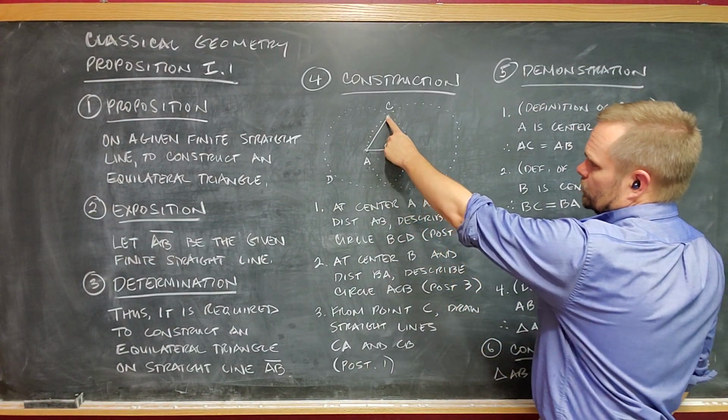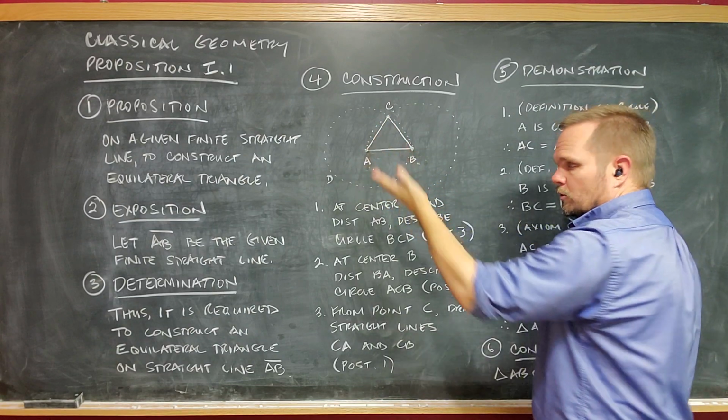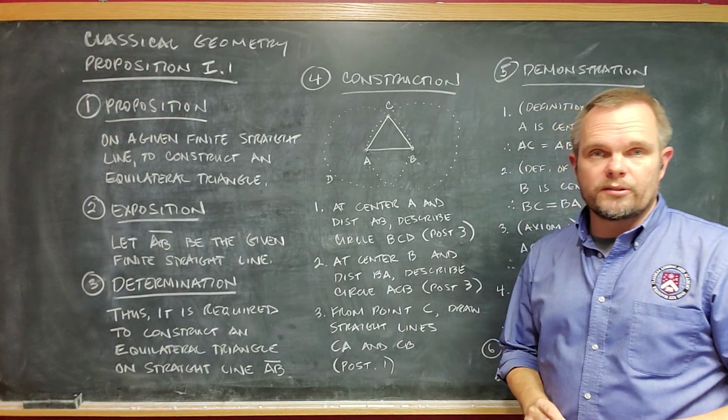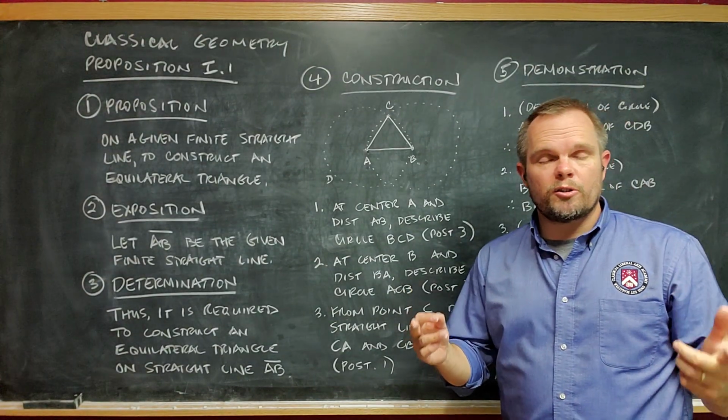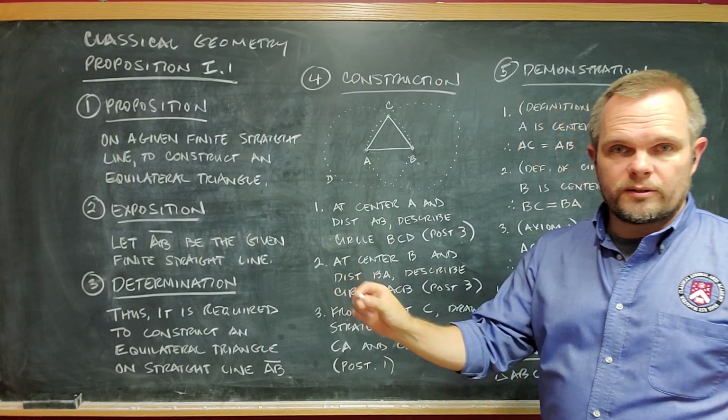We're going to draw a straight line from point C to point A, which we're allowed to do by postulate 1. Postulate 1 tells us that anytime we have 2 points, we're allowed to draw a straight line from one point to the other.